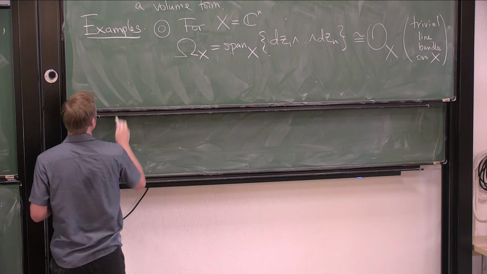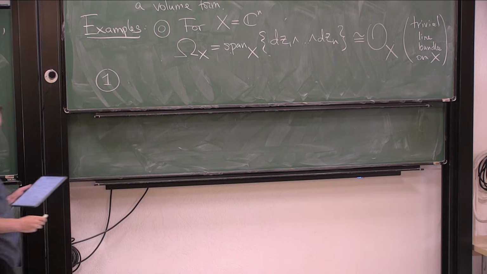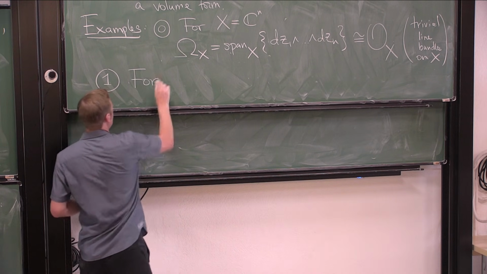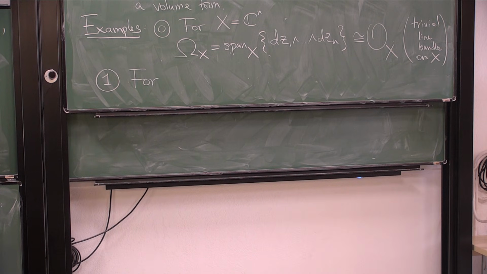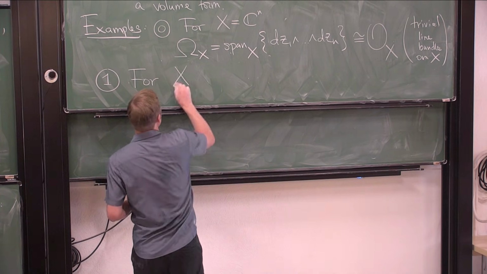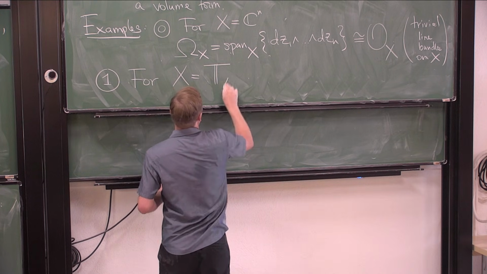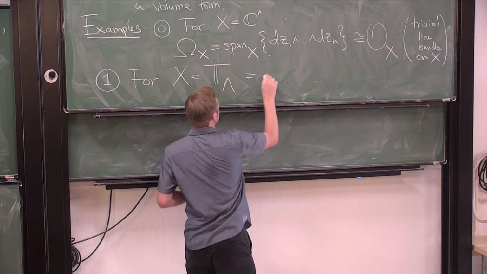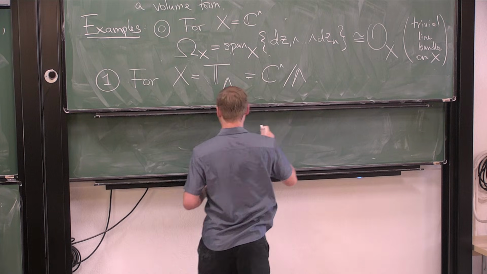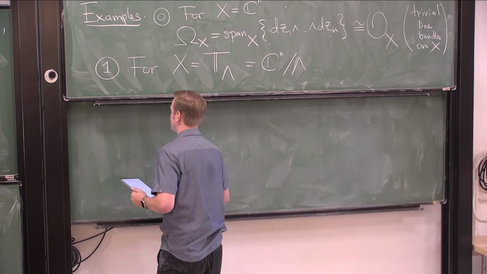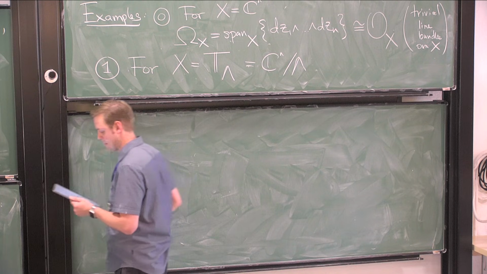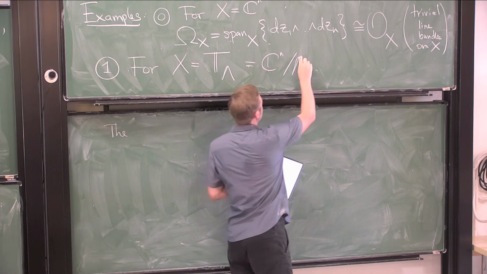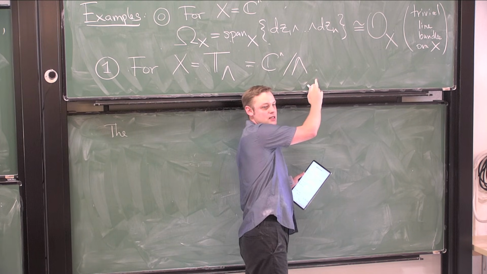All right. So now, first interesting example. The other example of a complex manifold that we considered were these complex tori. So for a complex torus, which remember was just C^n mod Lambda, this is a quotient of C^n by a lattice, right?